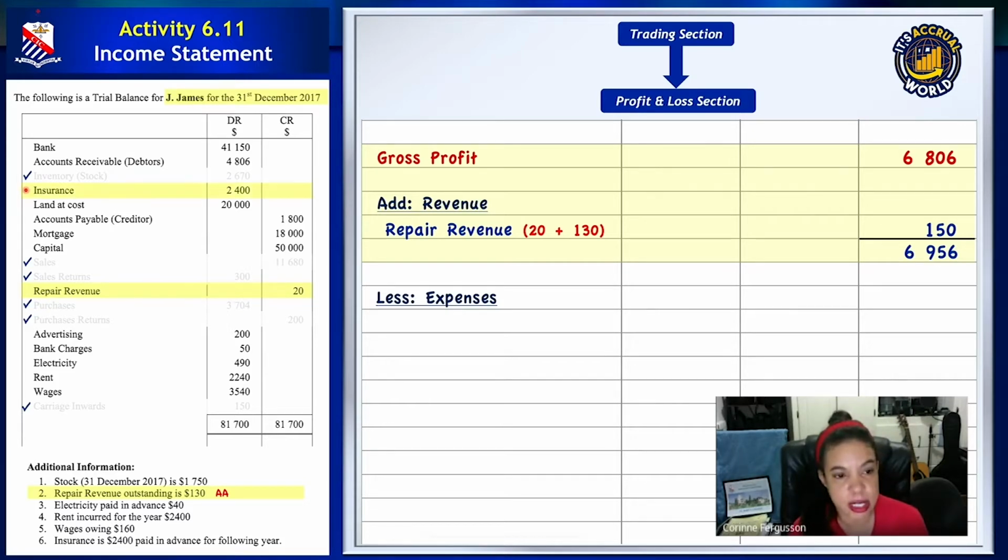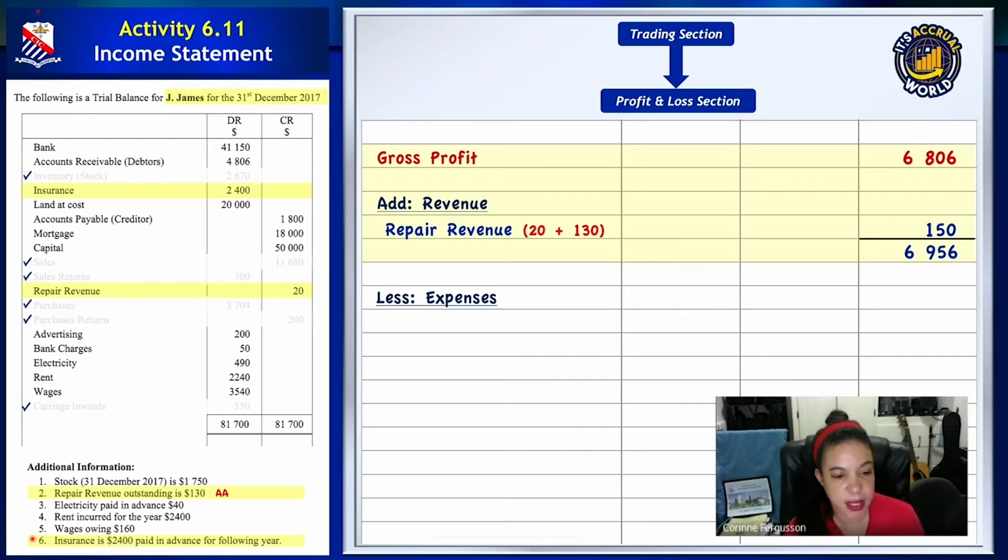And you see here, insurance. Insurance is an expense. So once again, you're going to go down in your notes because of the accruals and prepayments. We may have accruals and prepayments. So you go down in your notes and you're looking for anything to do with insurance, and you would see note number 6, insurance.